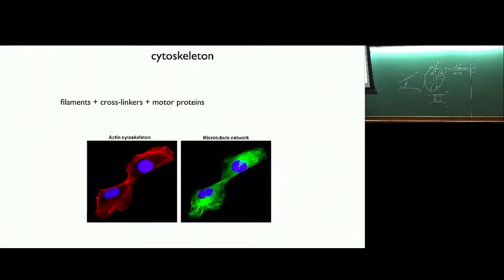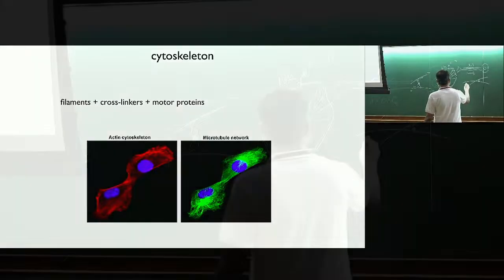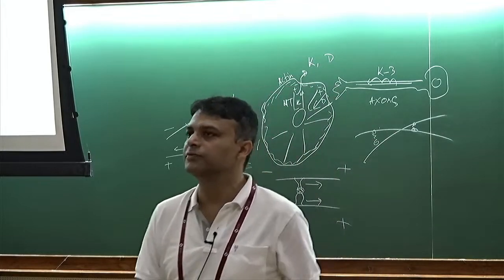Okay. So as I mentioned, the cytoskeleton is made up of filaments and crosslinkers. I did not mention crosslinkers. There could also be passive crosslinkers, which do not move but just crosslink different parts of the filament, and thereby give stability to these filament structures.